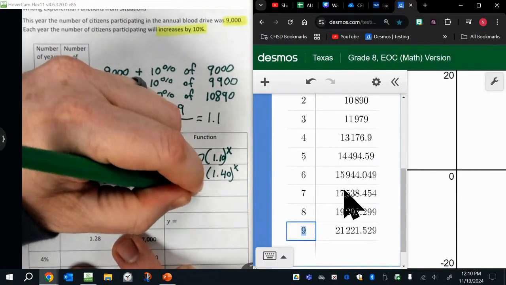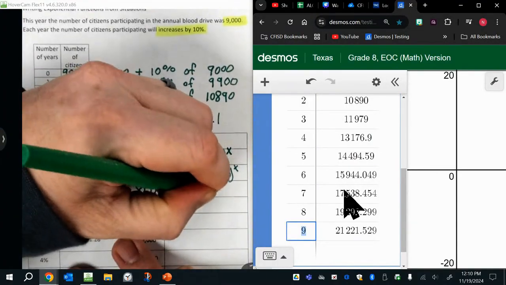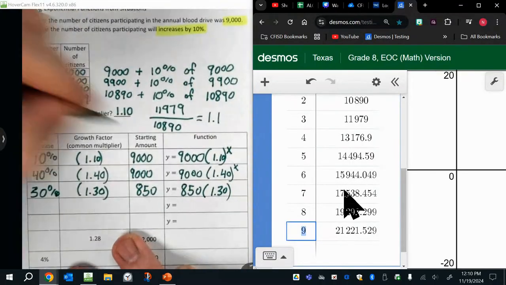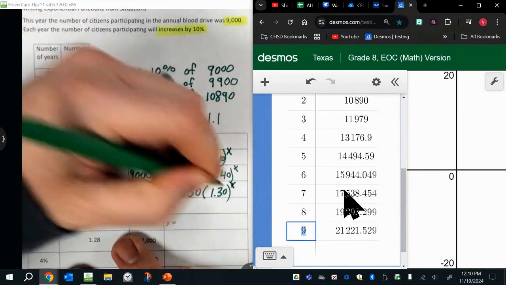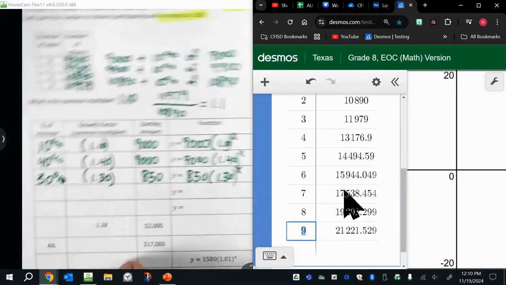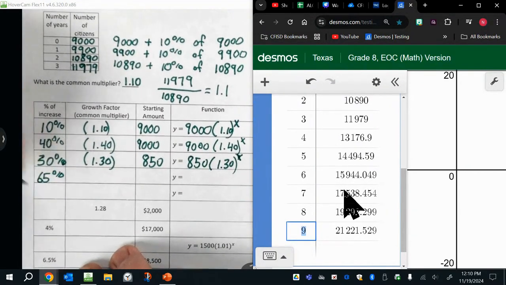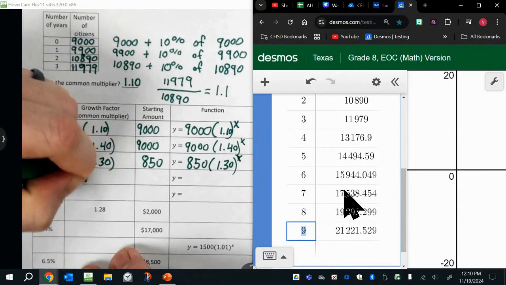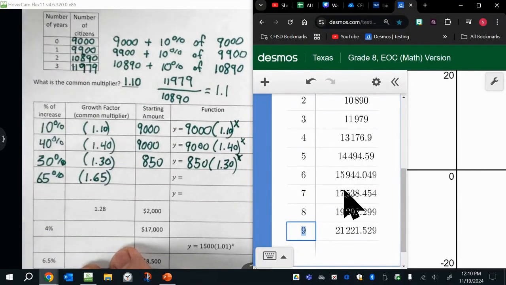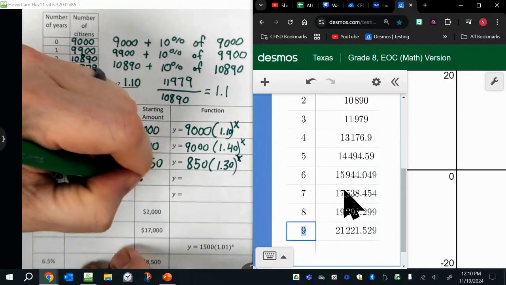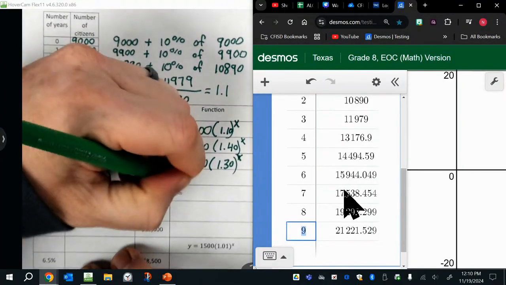So I'd have 850, parentheses, 1.30 to the power of x. Say I had 65%. Well, what would that be? 1.65. Maybe it's $100 that it starts at.